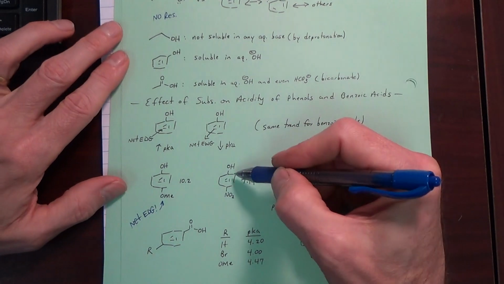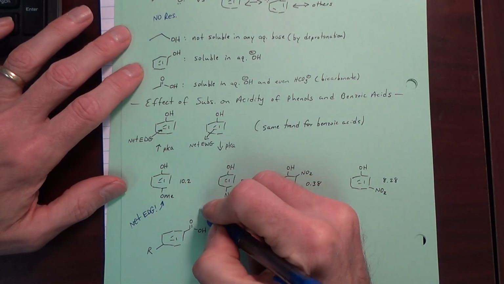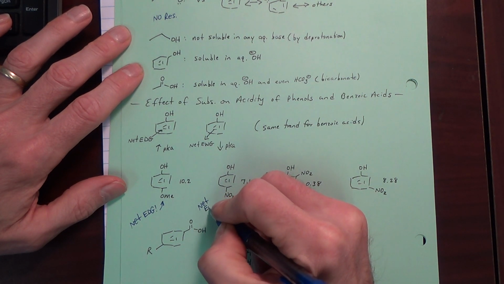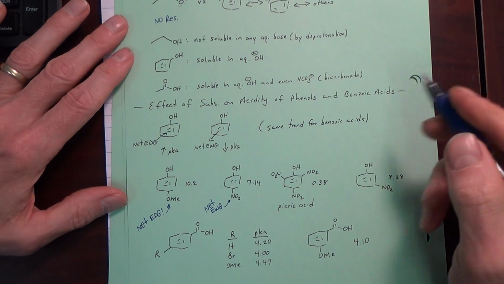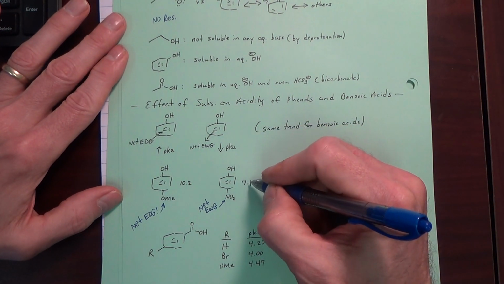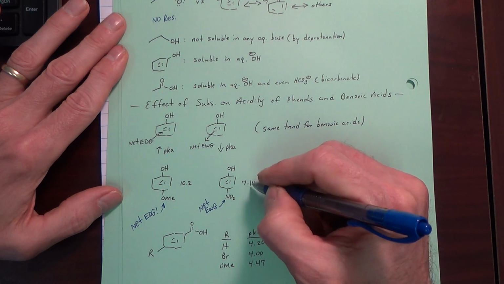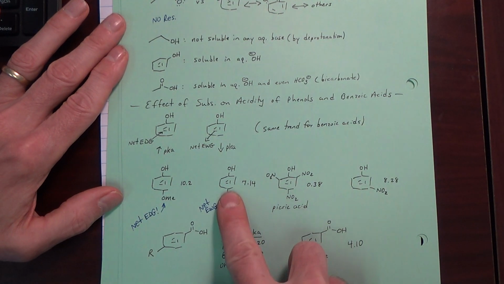On the other hand, if we have a para-nitro group, and the nitro we know is a net electron withdrawing group, you see the pKa gets much lower. The phenol is more acidic now than when the nitro group was not there.